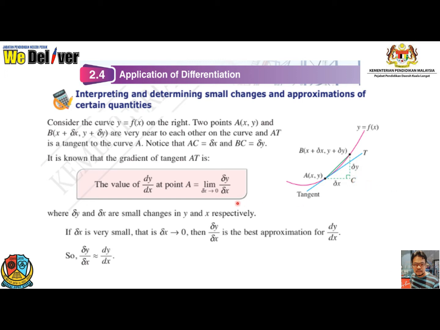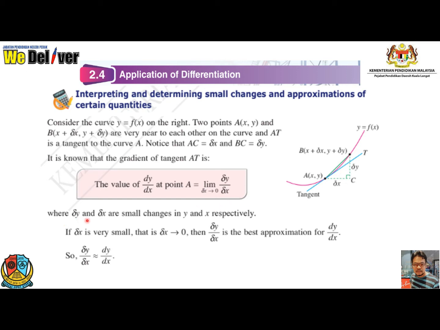It is known that the gradient of tangent AT is the value of dy over dx at point A, and equals the limit when delta x approaches 0 of delta y over delta x.